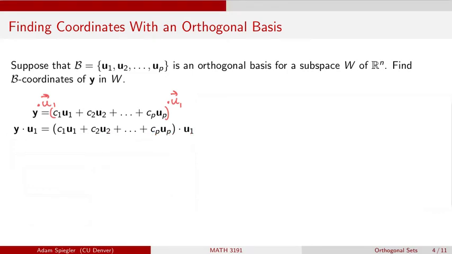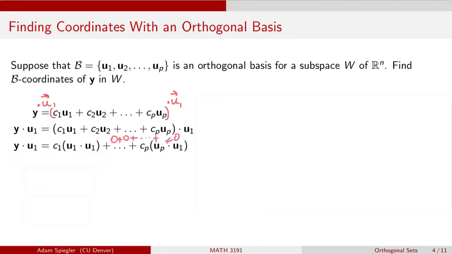And now let's go ahead and simplify the right side of this equation. This is going to be c1 times u1 dotted with u1 plus c2 times u2 dotted with u1 all the way up to cp times up dotted with u1. And again, we have assumed that B is an orthogonal basis.